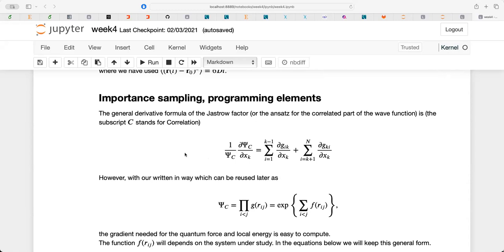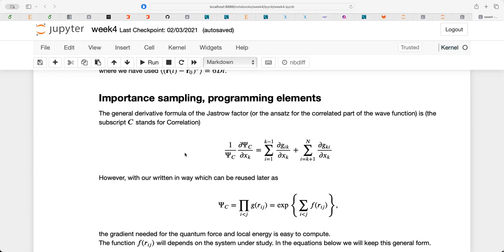The technicality which you see here is very much connected with us looking at an interacting system. And you see now that we have a correlated part of the wave function, and this is actually the complicated animal. So often this correlated part of the wave function is rewritten in terms of a series of exponentials.